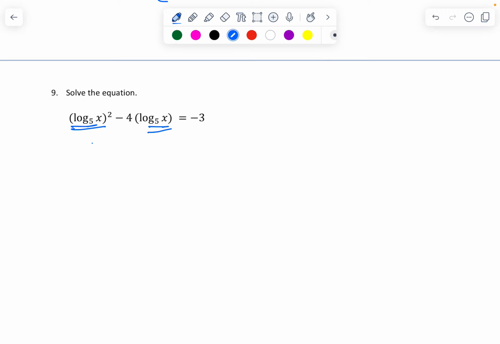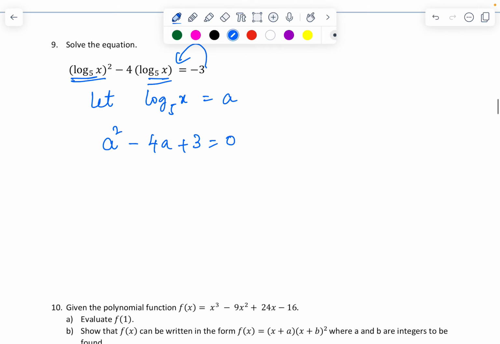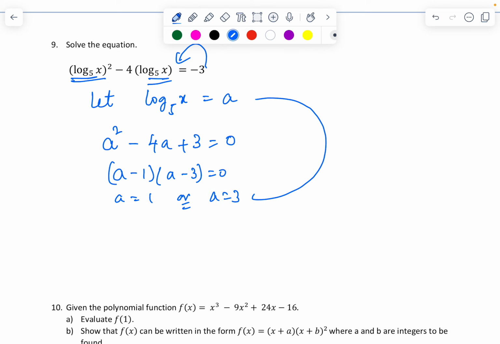So you assume let log base 5 of x equal to a. So this gives me a squared minus 4a, I will bring this inside, plus 3 is equal to 0. So now I will factor: a minus 1 times a minus 3 equal to 0, a equal to 1 or a equal to 3. But go back to what we have assumed in the beginning.